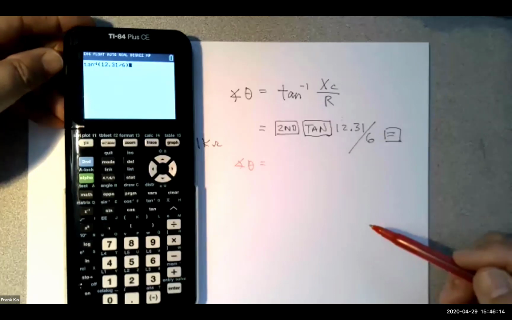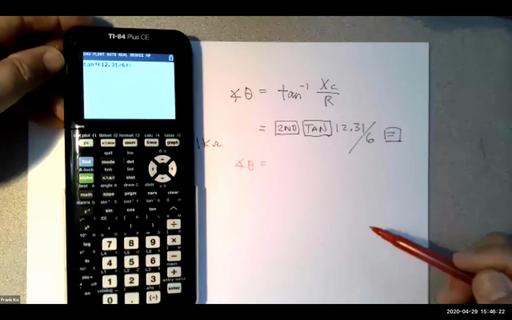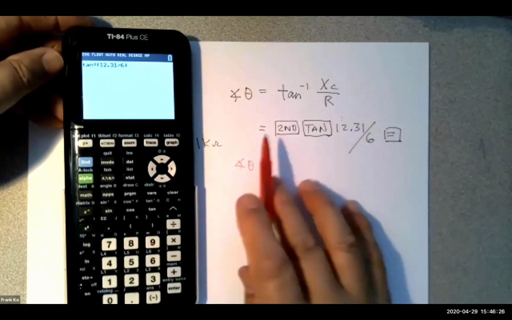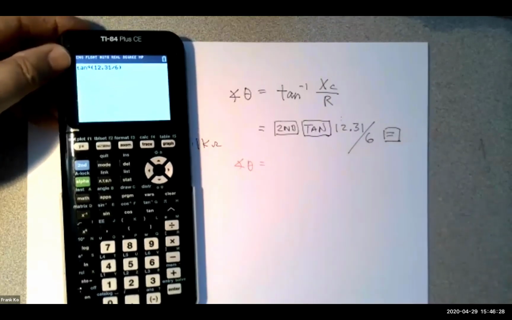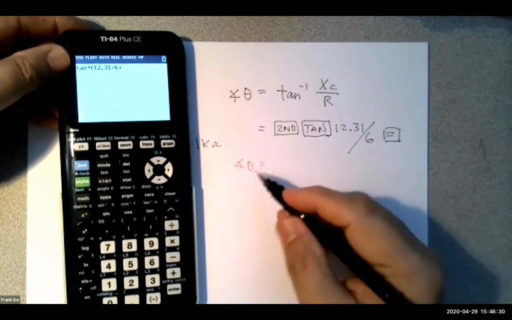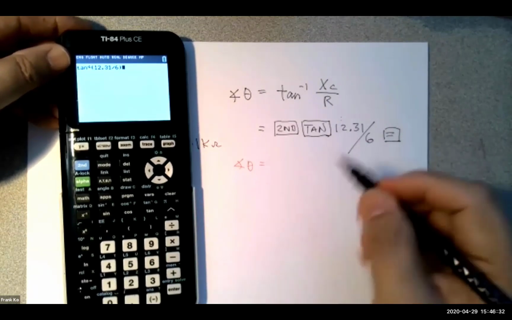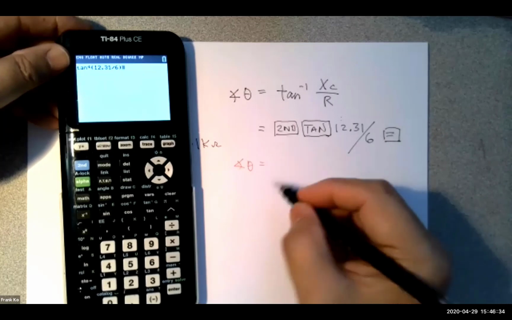Are you doing inverse tan with an inverse tan? Yeah, if your calculator doesn't automatically generate the open parentheses, you will need to generate the open parentheses. So your keystroke sequence, let me modify this for your calculators, because mine generates an open parentheses.